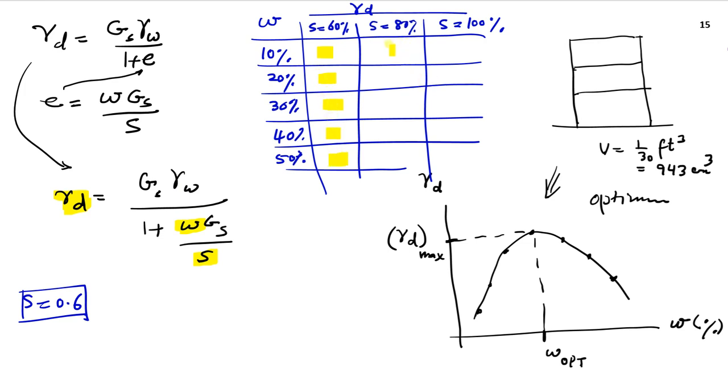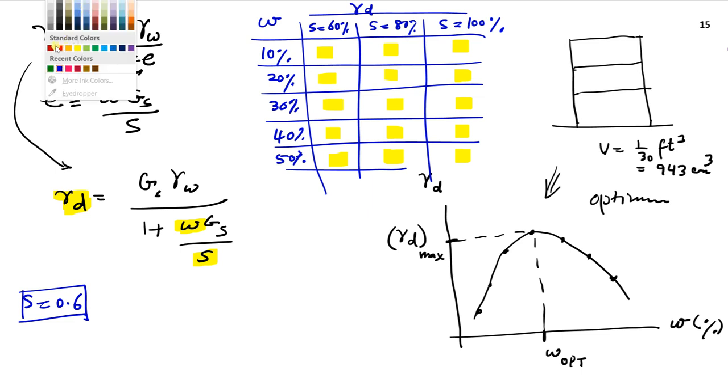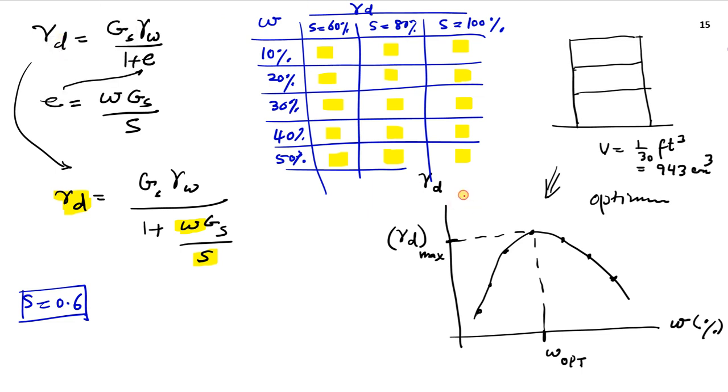And similarly, we repeat this for degree of saturation 80%, then we repeat it for 100%. So we can plot all this data on this graph. When we plot this data, we get these kinds of curves. It is going to look something like this.